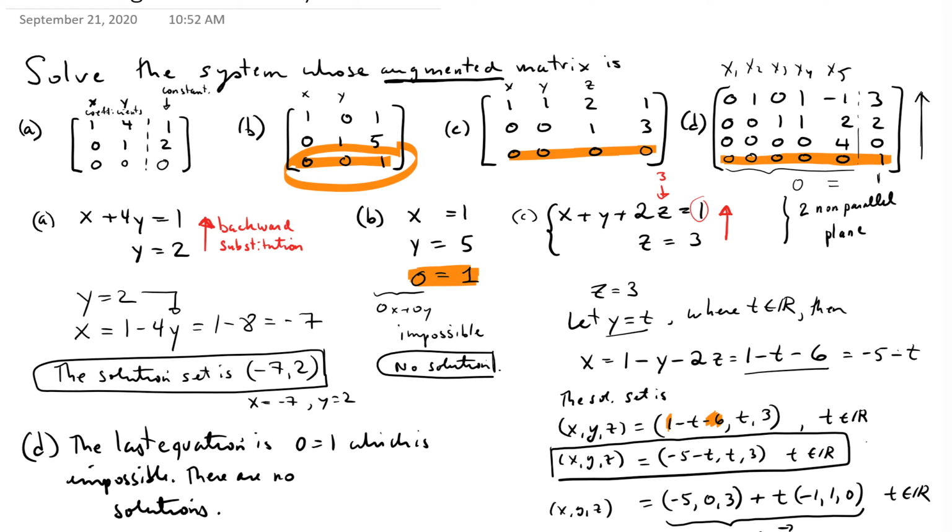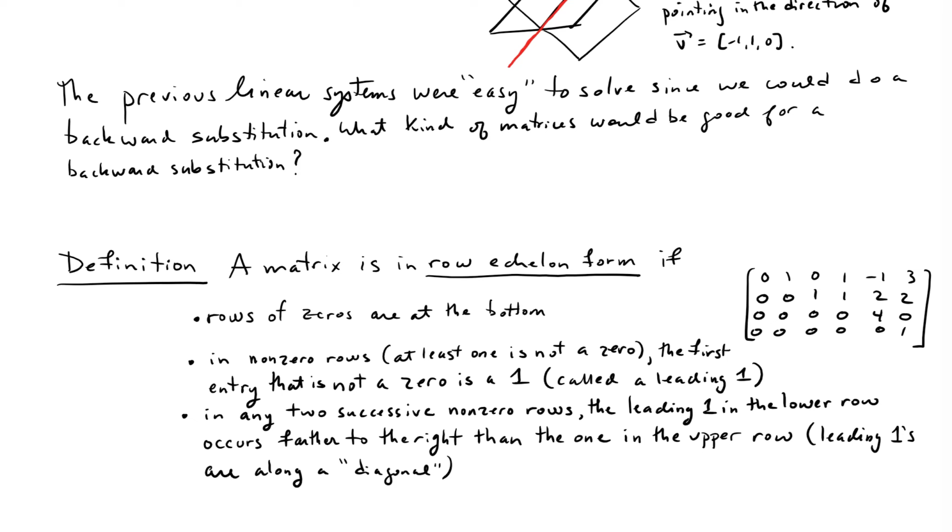I wrote what I just said: the previous linear systems were easy to solve since we could do a backward substitution. And the question is, what kind of matrices would be good for our backward substitution? And this calls for a definition. So this is where mathematicians create objects that are good for a purpose.